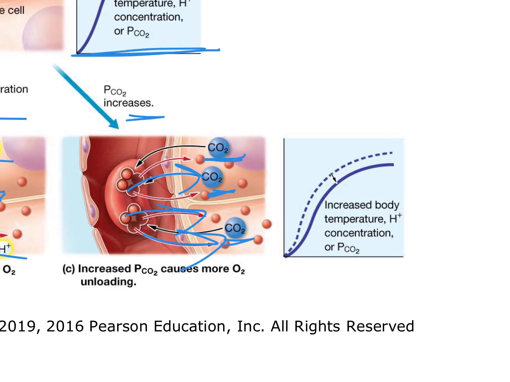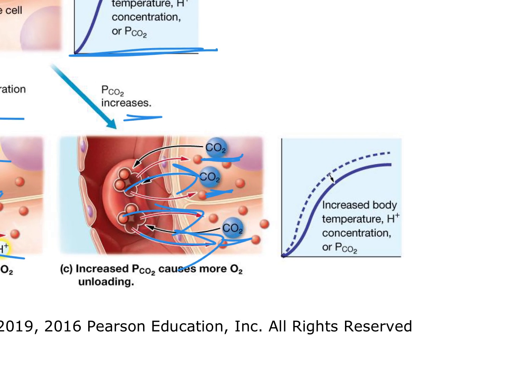And this causes a shift. The dotted line is our normal scenario, and if we have the increase graph plotted, this solid line is going to be the change in the oxygen hemoglobin dissociation curve due to these changes.